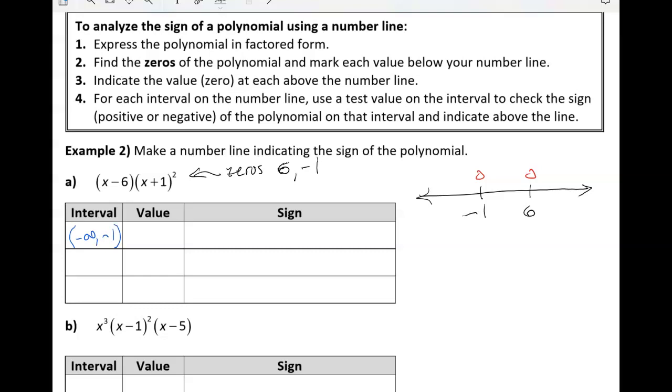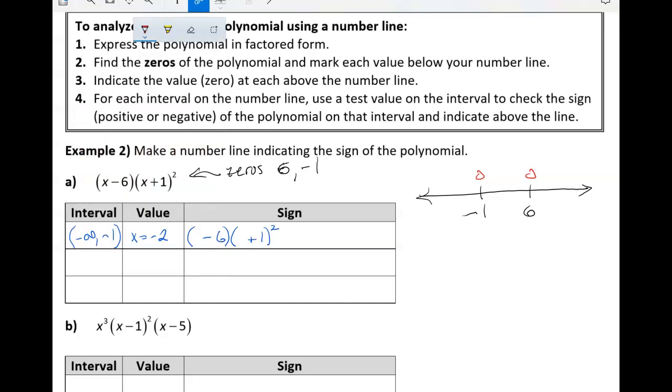And we need to pick a test value on that interval. So I'm going to pick x equals -2. Now we're going to take that expression, the polynomial, and replace the x's with -2. So x minus 6 times x plus 1 squared.